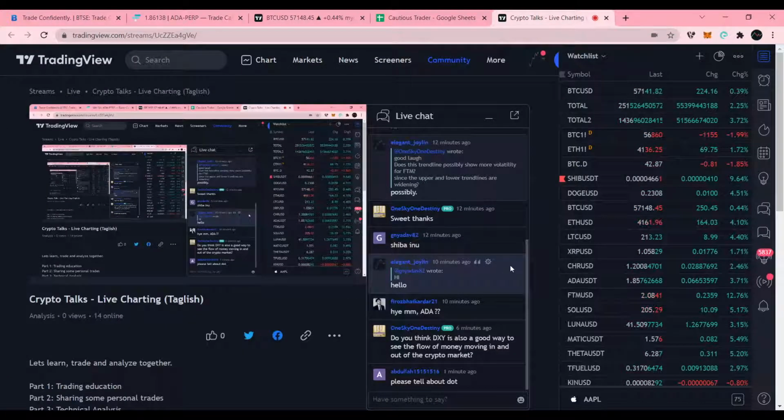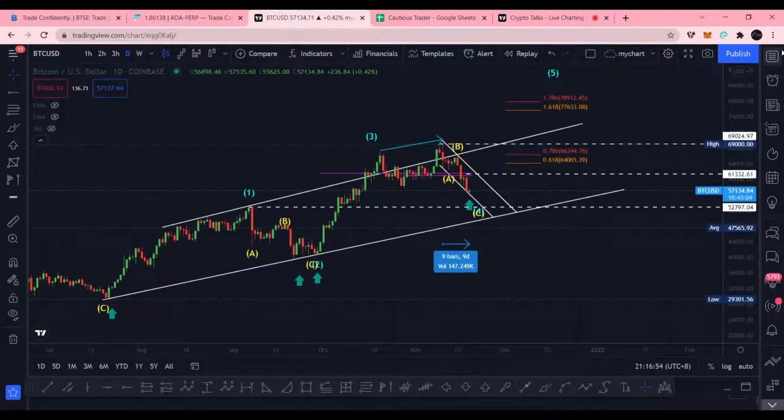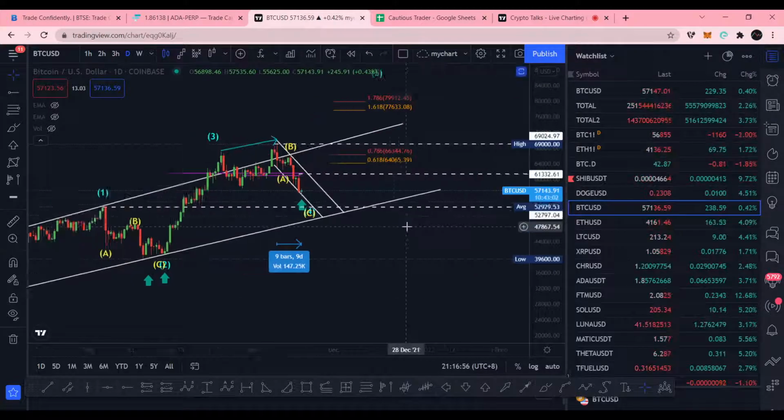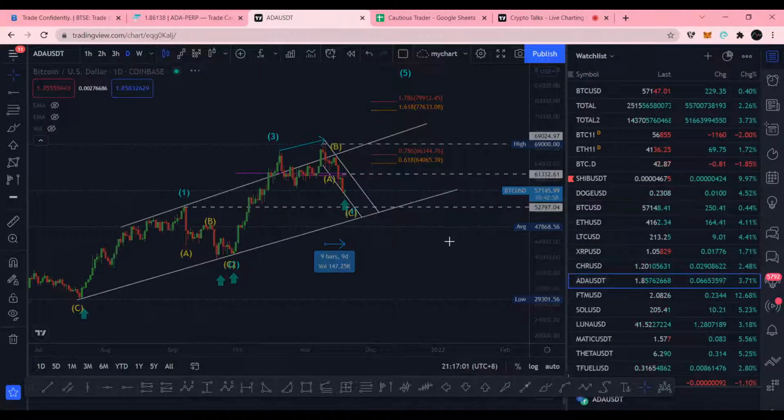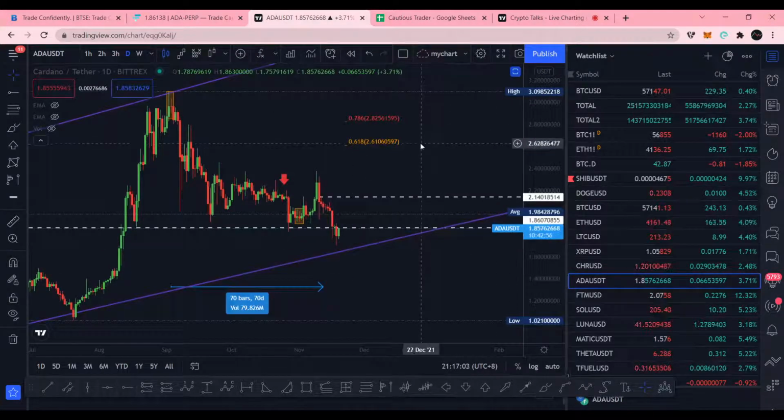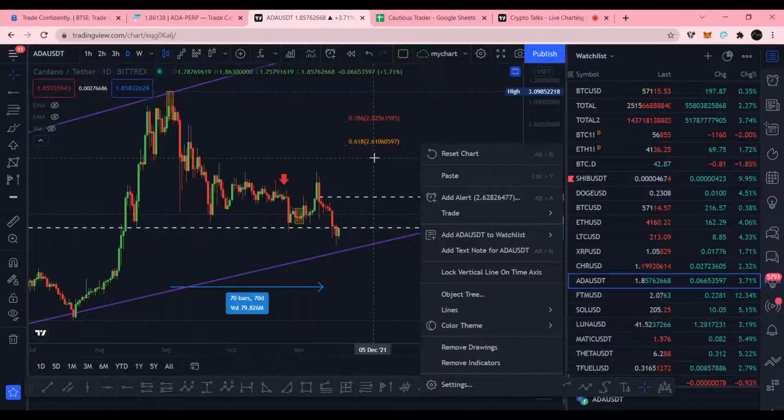So ADA. The last time that we saw ADA, I did not yet add any ADA. Fortunately, I did not add, because I think the last time it was a dead cross, and then it continued even more.